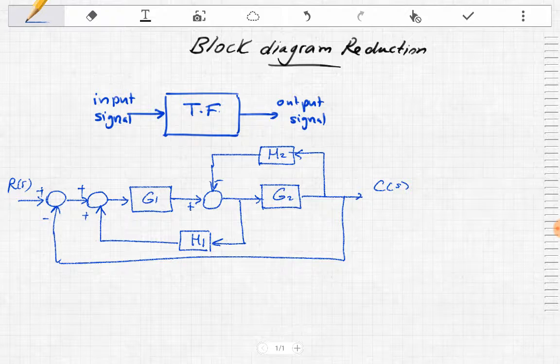And of course, it's very hard to find the relationship between the output and the input. So we have to find a way to reduce all these block diagrams to only one block like this one. Can you imagine the problem, right? So we want to find rules for how to reduce this. Let's take simple rules first, understand how they work, and then we'll try to solve this example.